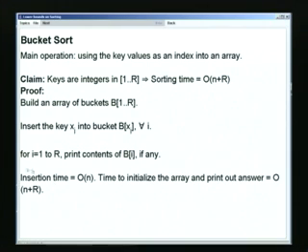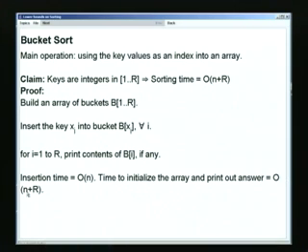What is the time taken? Well, the insertion time is proportional to the number of keys. The time to initialize the array B is going to be r, and printing out the answer, we have to visit every element of the array, and we also have to visit every key which has been inserted in some bucket.